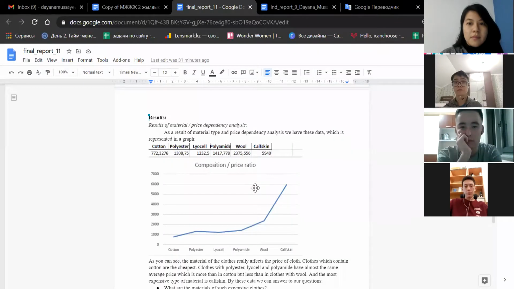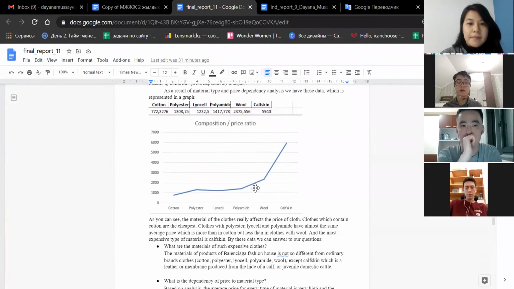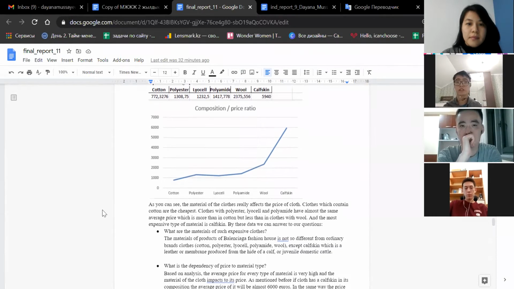Before the conclusion, I want to talk about the answers to our questions, which I mentioned before. To answer our questions, we need to analyze our data, and firstly, I want to stop on the first question related to the materials and the costs. As you can see on the screen, we have this graph as a result. By the graph, you can see that there are different materials.